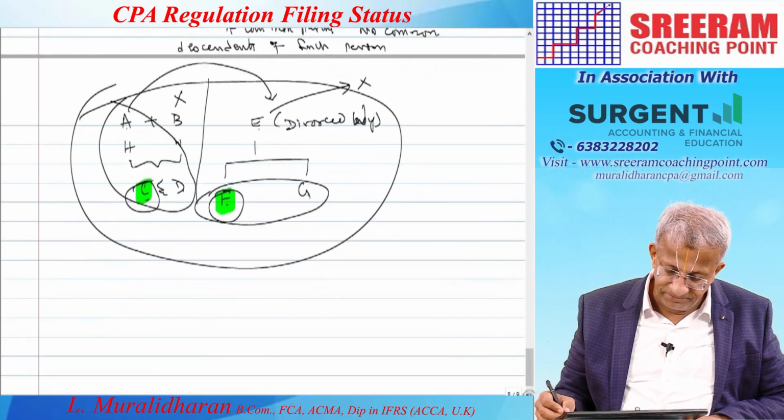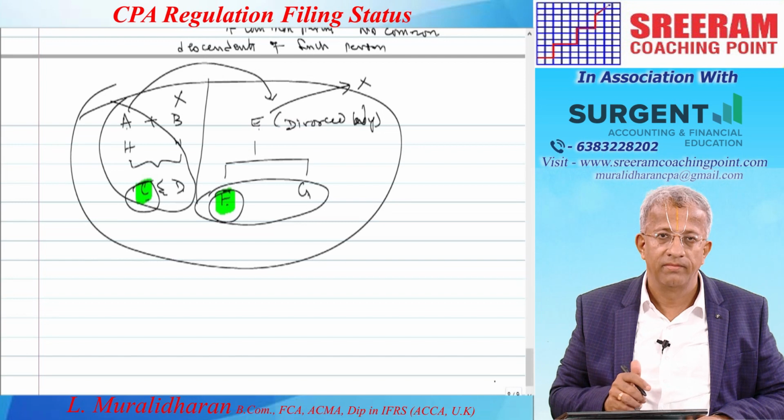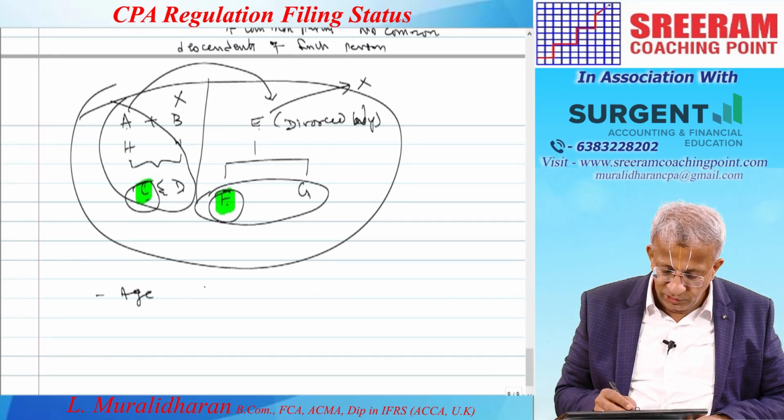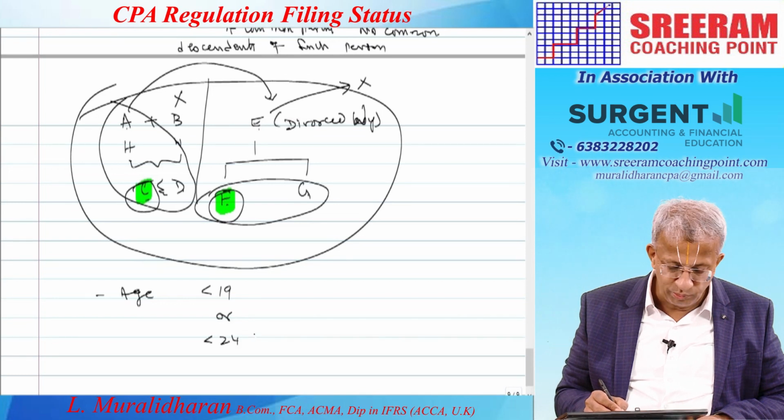Then, this is as far as the relationship is concerned. The next one is age. So, age would mean under the age of 19 or under the age of 24 plus full-time student.